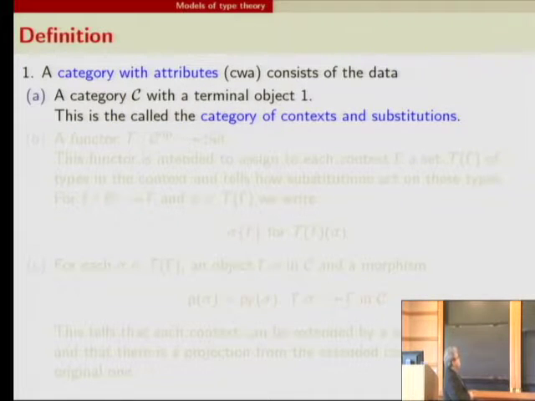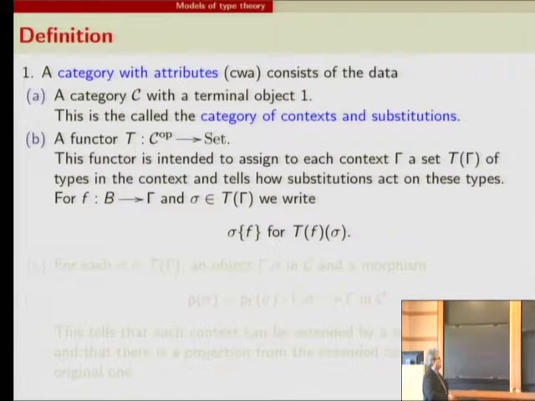So what is a category with attributes? Well, that's a category with a terminal object, and this is thought of as the category of contexts and substitutions. So the terminal object is the empty context, the objects are the contexts, and the morphisms are the substitutions. We saw this yesterday also. Then it has a functor, which to each context assigns a set of types in that context, T of gamma.